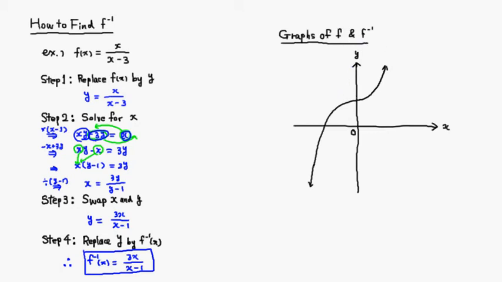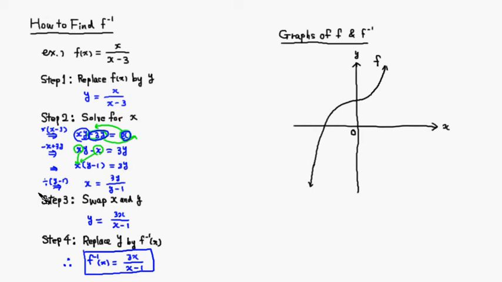Say this is the graph of the original function f, and we want to sketch the graph of the inverse function. Let's pay attention to these steps. The first step really doesn't do anything, it's just renaming things. And solving for x is just rearranging terms, so we're not really changing anything.